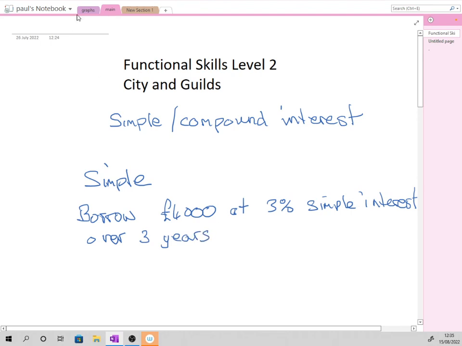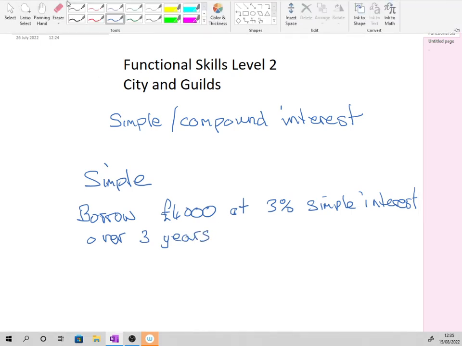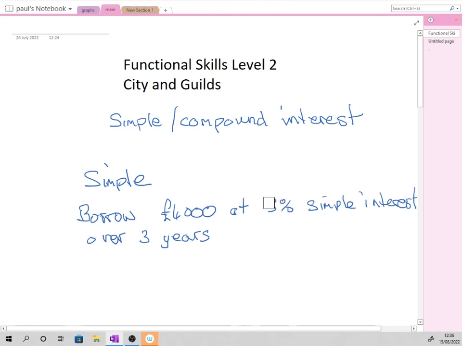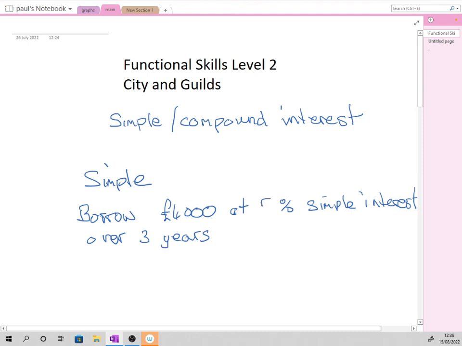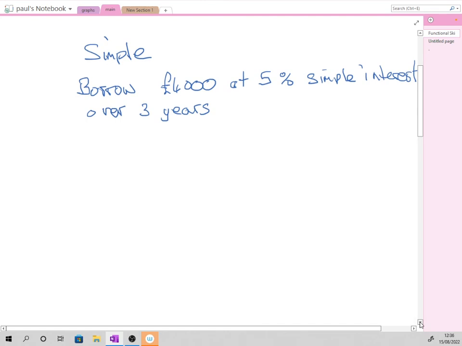Now I'll change that interest percentage so that we don't get muddled up, because I've got two lots of threes there. So we'll just have it at 5%, something like that. Okay. So what we do is, first of all, when we're doing the simple, we work out what 5% is of the £4,000. So let's do that first.